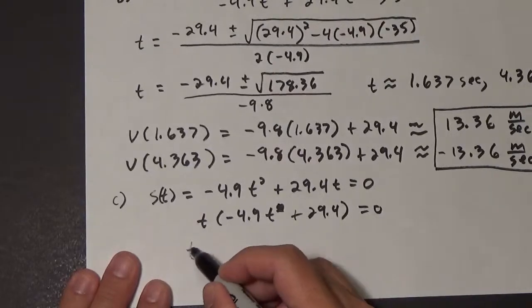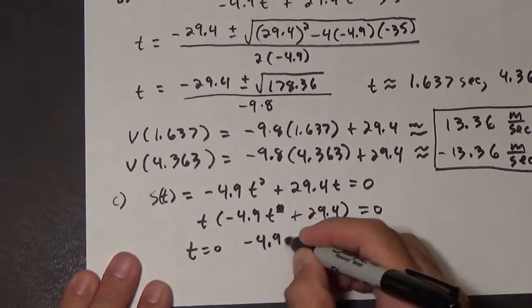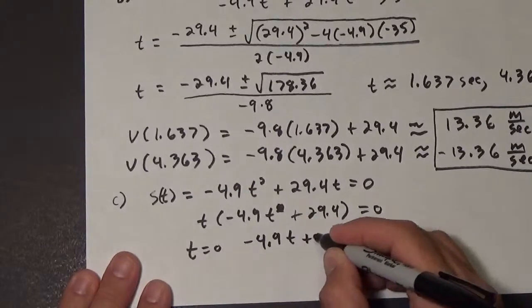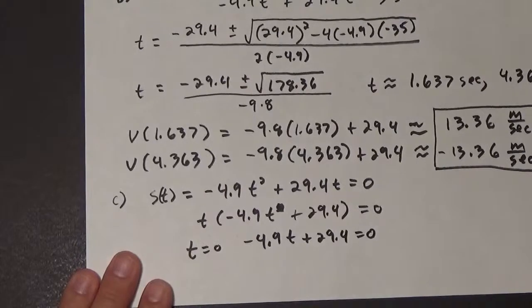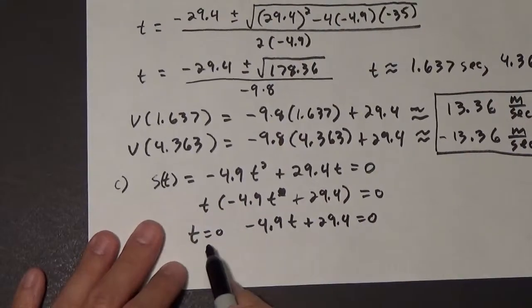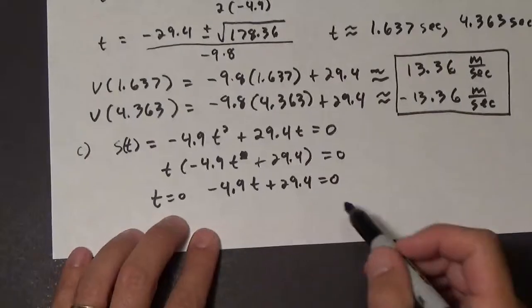So then we get t equals 0, and negative 4.9 t plus 29.4 equals 0. Now t equals 0, that's one of our answers, which makes sense. We started off at 0.